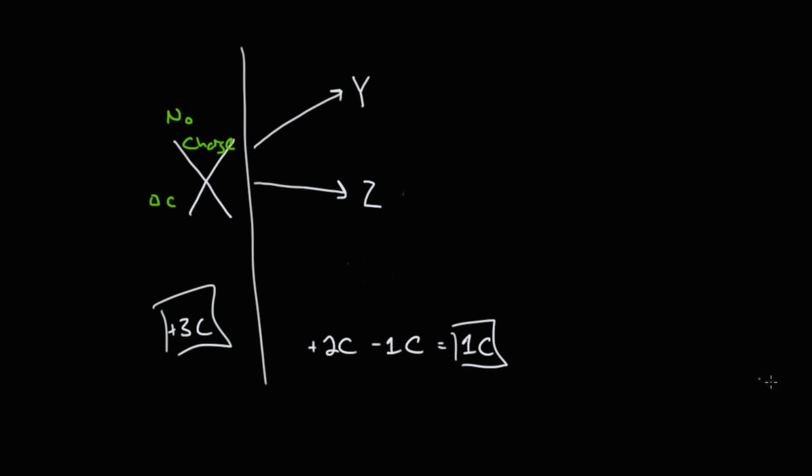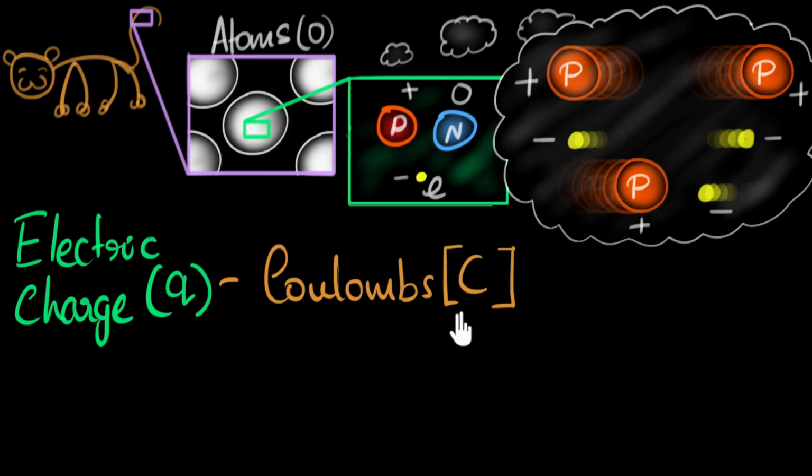Yeah, it can happen. And to give you a sense of how big a coulomb is, it turns out that the charge on an electron or a proton is a very, very small fraction of a coulomb. So if you were to look at the charge on an electron, which we usually represent as e, it turns out to be so small.